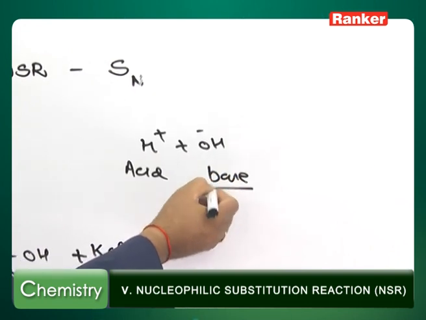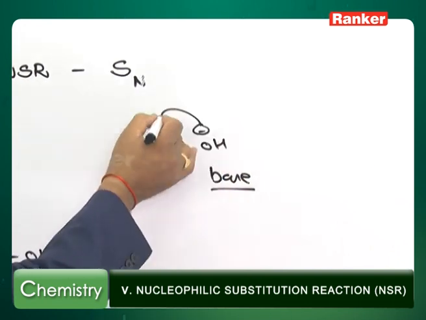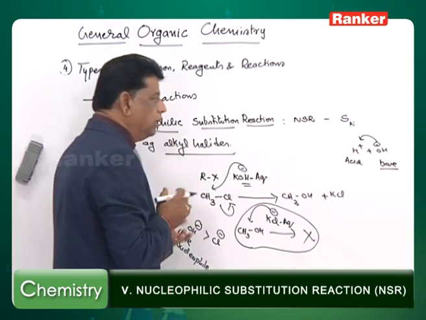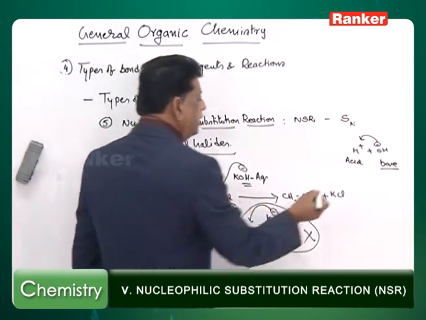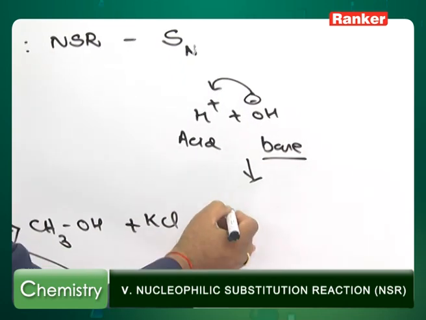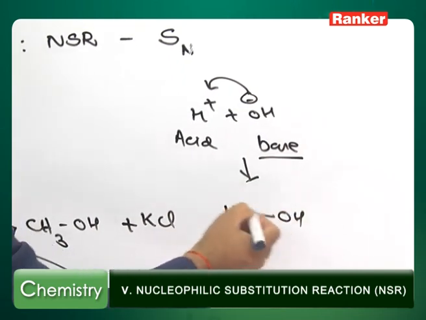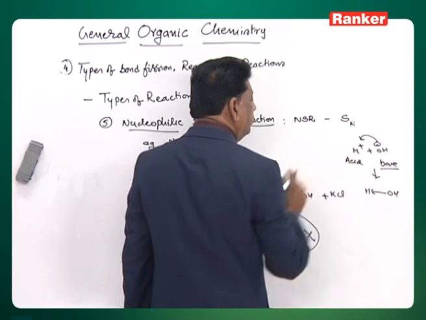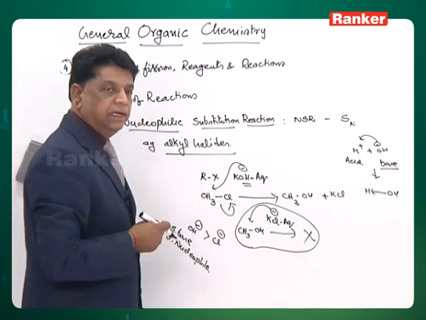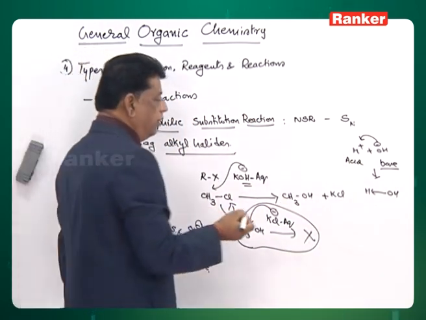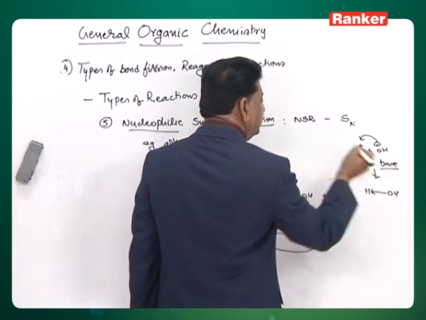So, define the base: the one which gives a pair of electrons and makes a coordinate covalent bond is called a base. So, this OH minus is donating a pair of electrons and making a coordinate covalent bond, so the OH minus is a base.